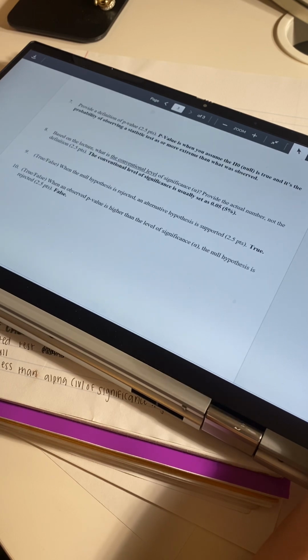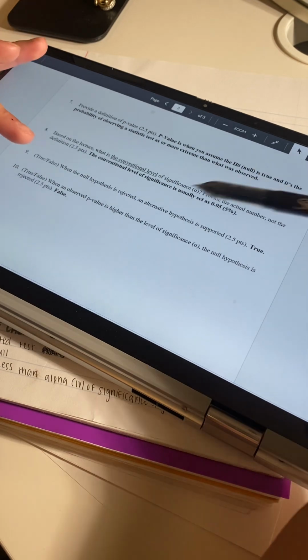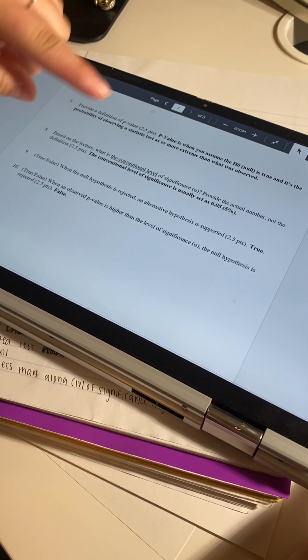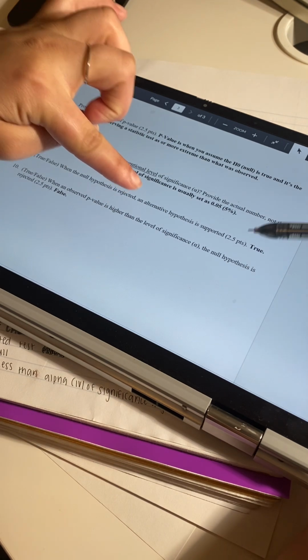Finally, for number 9, when the null hypothesis is rejected, an alternative hypothesis is supported. And I wrote that this is true because it sounds weird, but pretty much if there's no difference, then that means there's a difference.